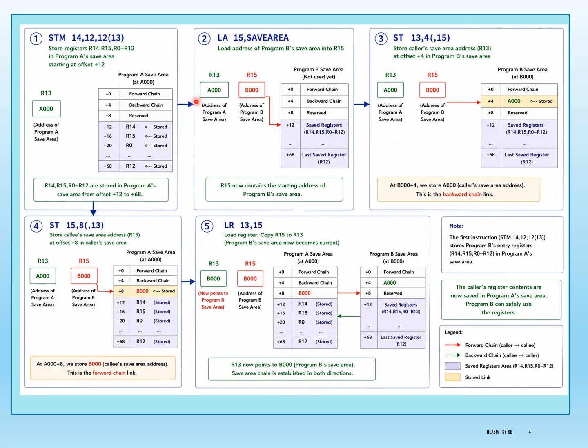What is happening here? Before getting in, let us understand that you are moving from program A to program B. Before the control is passed from program A to program B, you are saving the status of program A in a place which is called the save area, and then you are switching to program B.